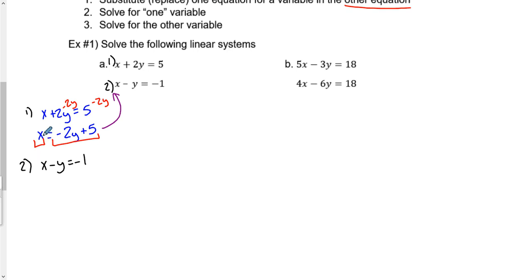So the equation says x equals negative 2y plus 5. Well, if x equals negative 2y plus 5, I can just take my negative 2y plus 5 and put it in for the x. Everything else in this equation has to stay the same.